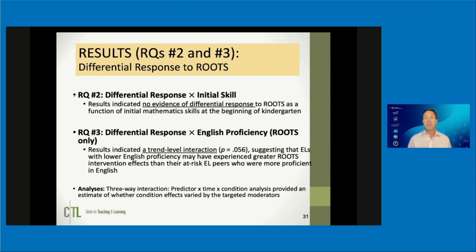And here we found that students that had lower levels of English language proficiency at the start of the intervention actually had a stronger response to the intervention than students who had stronger English language skills. And so again, that has some implications for thinking about the design of the curriculum and how we might best utilize it.